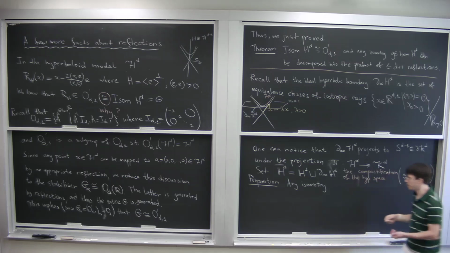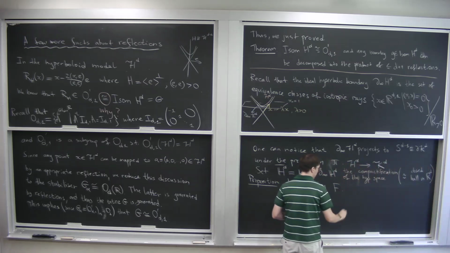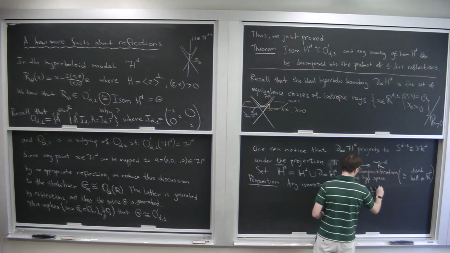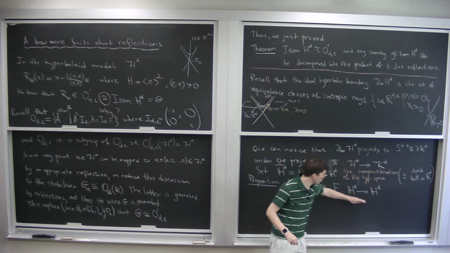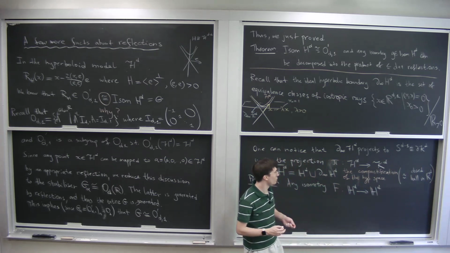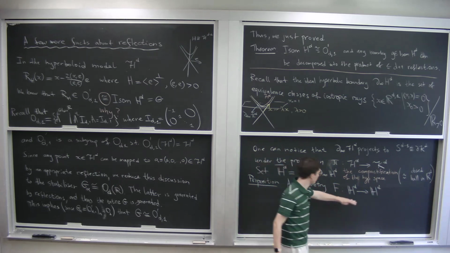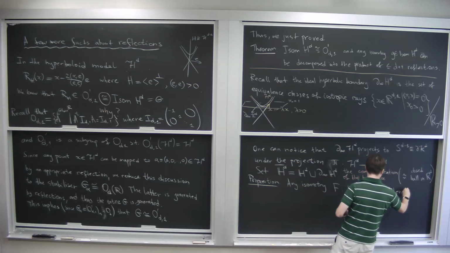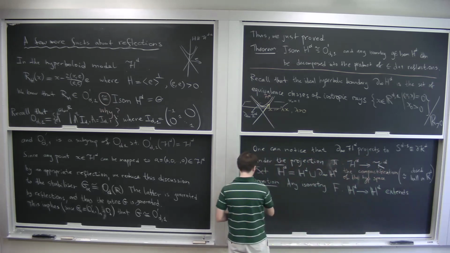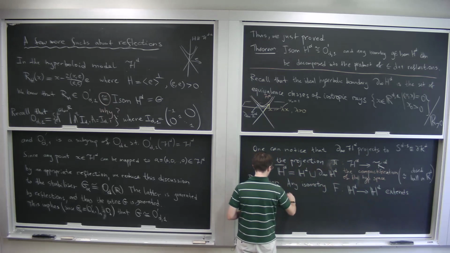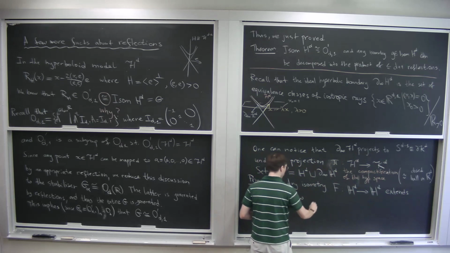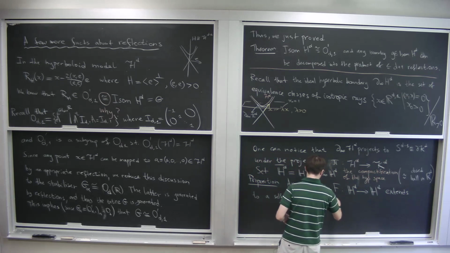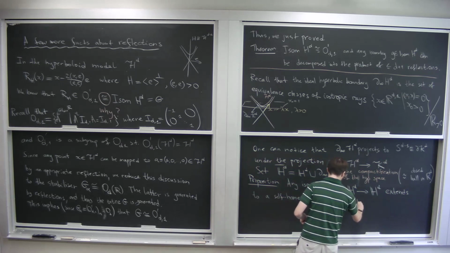Any isometry f from the hyperbolic space HD, doesn't matter in which ball model you work, so I will use here a notation which covers all our models, extends to a self-homeomorphism, which I can denote as f bar, from HD bar to HD bar.